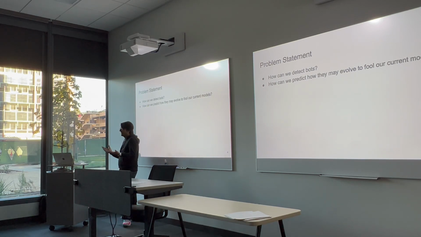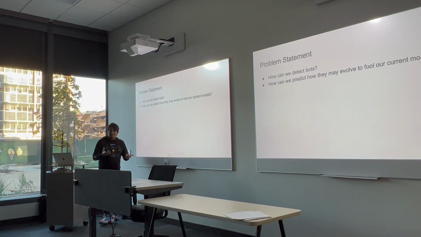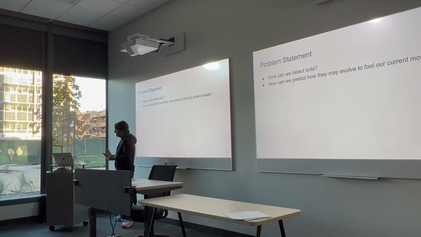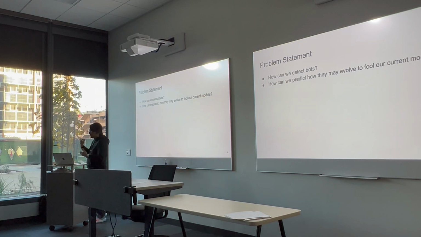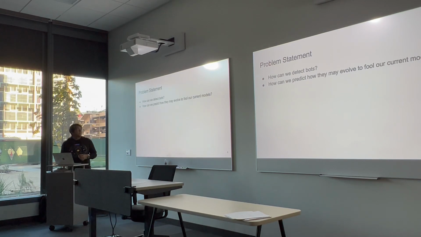They're going to figure out ways to evade the current state-of-the-art methods to detect bots. So our problem statement is also about how can we predict how these bots might evolve to fool our current models.